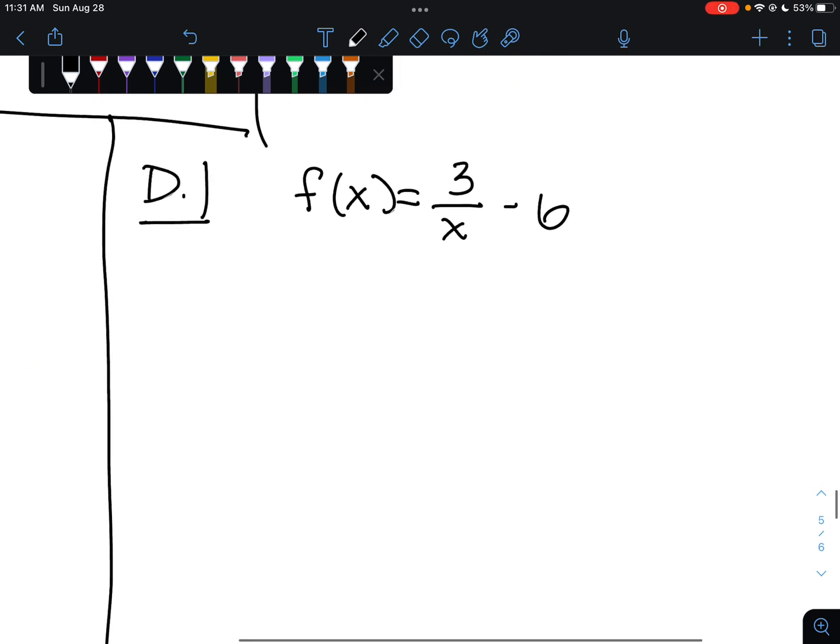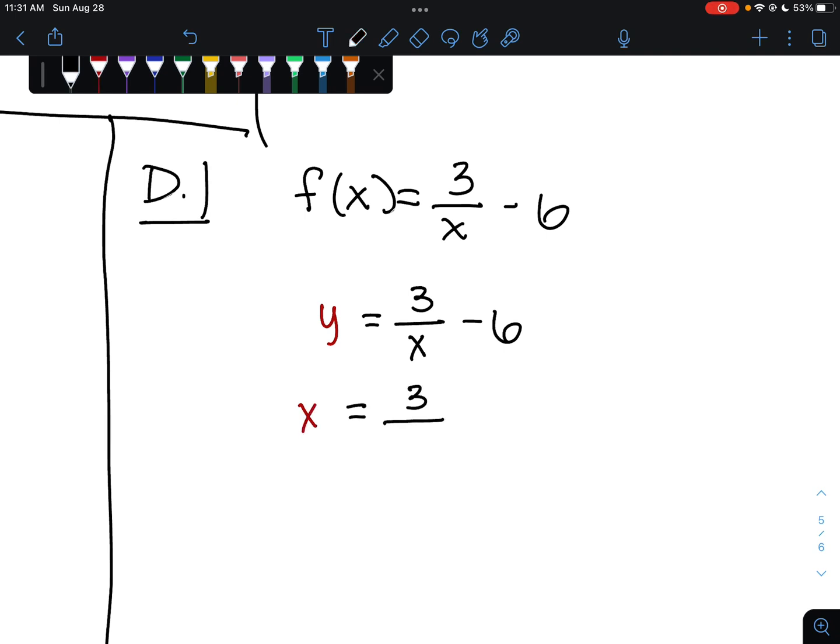So I start by changing my f of x to a y. Then I switch my x and my y. And then I solve for y.